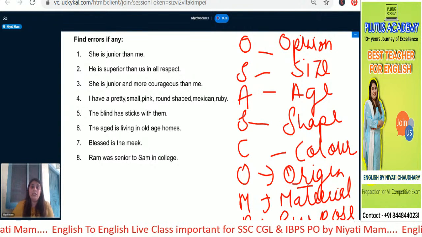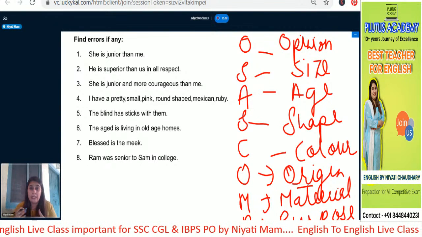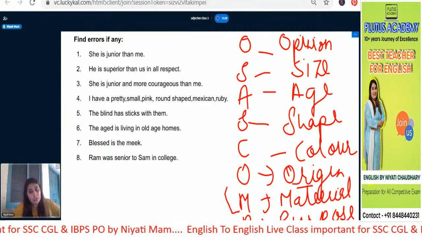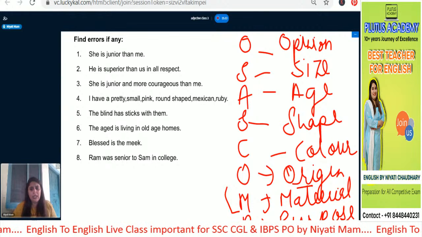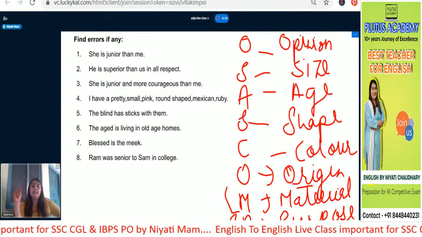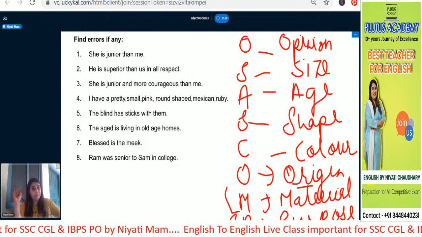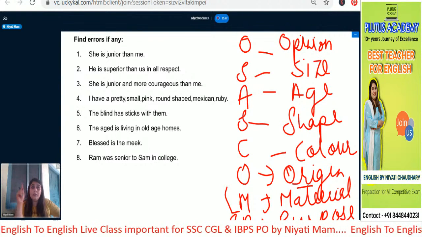Then you would write about the origin, like either it is Mexican or it is Chinese or it is American. Then you need to mention the material, like if it is diamond or if it is coal, if it is rubber or glass, anything. Then you need to mention the purpose of that thing, that is, why that particular thing exists. It is not necessary that all kinds of adjectives are used in a sentence for a single noun.